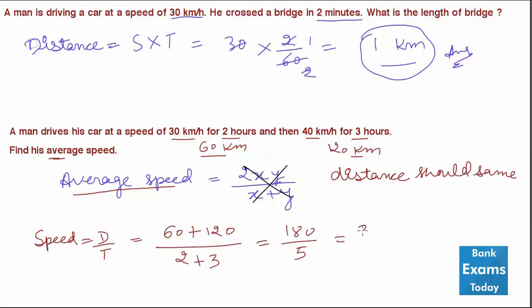So 36 kilometer per hour is our answer. So what we learn here is we can't apply average speed formula when the distance is different. So apply the average speed formula only when the distance is same.